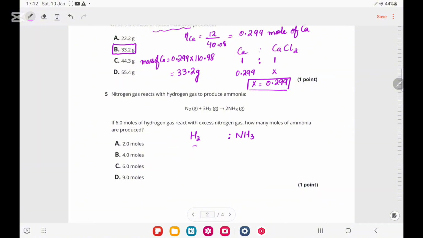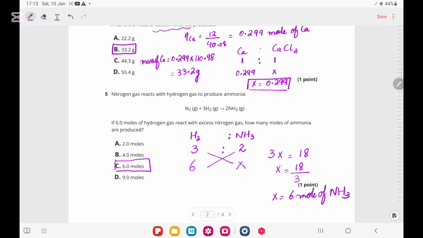So first from the equation, 3:2, then if there will be 6 moles of hydrogen, then it is going to be x, then it is going to be cross multiplied, and it becomes 3x is equal to 18, and x comes out to be 18 by 3, and x is equal to 6 mole of ammonia. So answer is going to be C.